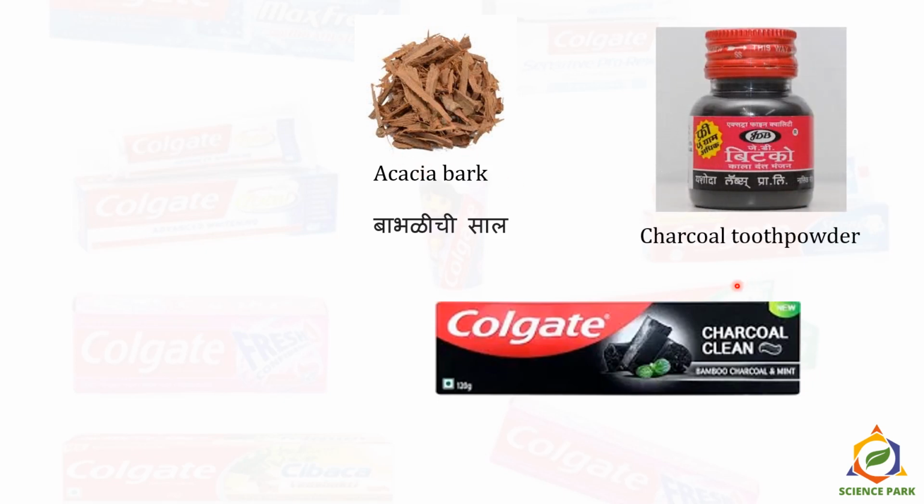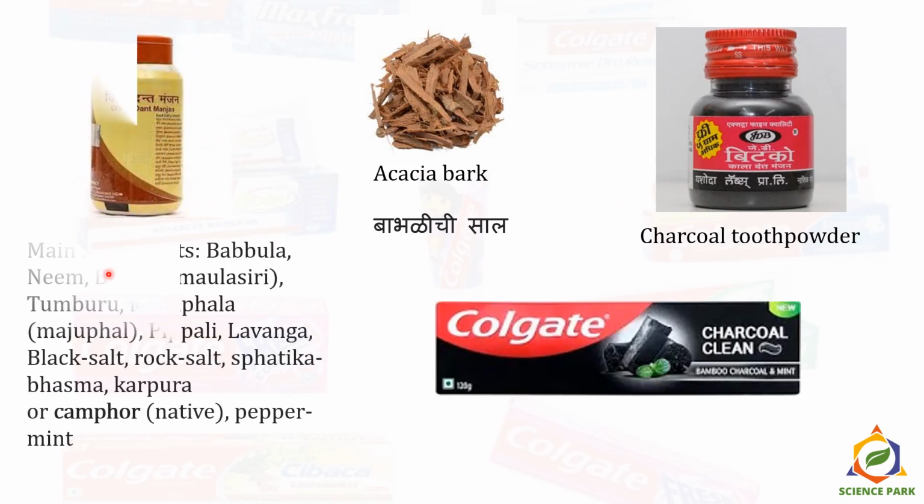We also use charcoal tooth powder. We used to mix charcoal, which used to be homemade, and to it we used to add rock salt or saindhav salt, which is very medicinal and ayurvedic. And then nowadays we also have our own products where we use ingredients like babula, neem, bakula, then tumburu, payafala.